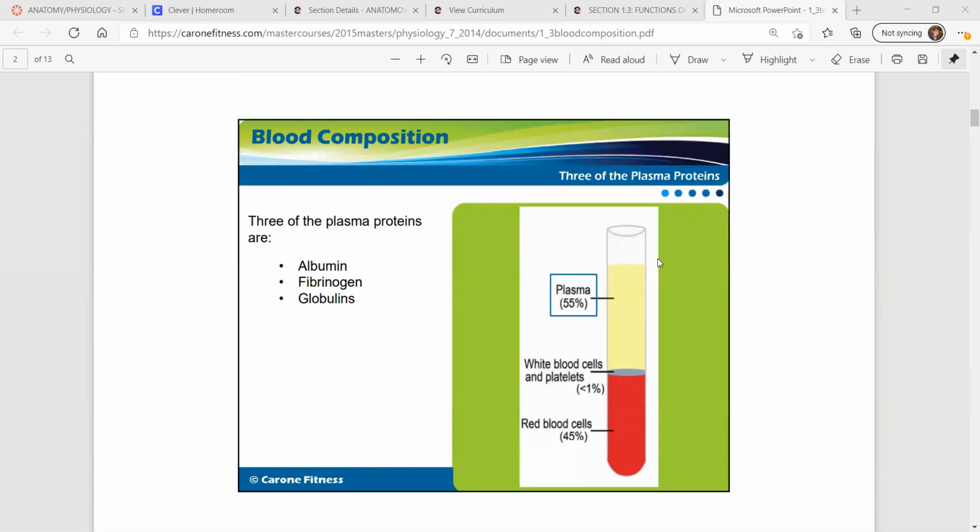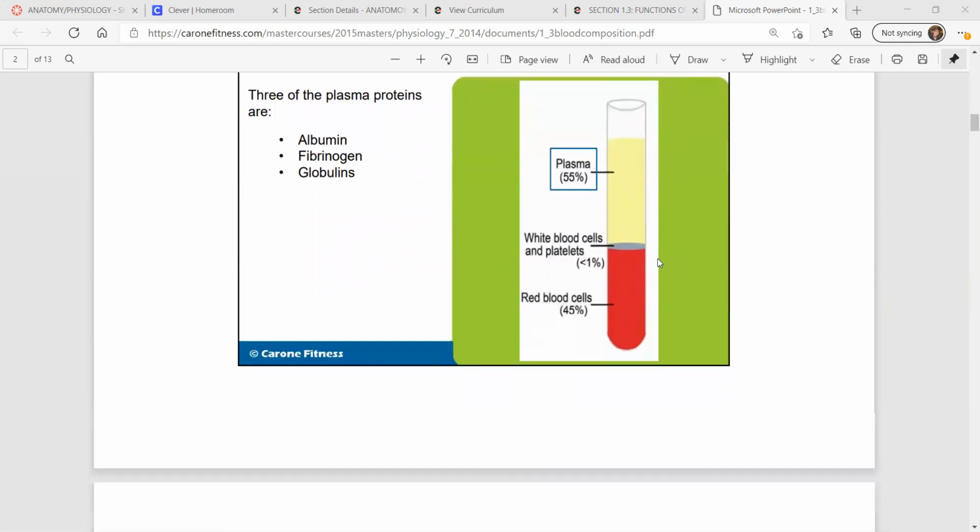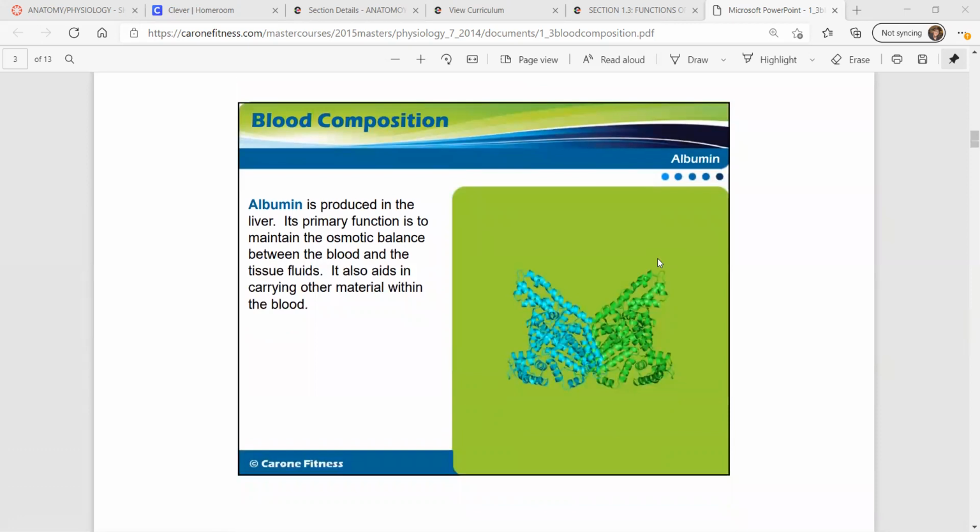Three of the plasma proteins are albumin, fibrinogen, and globulins. Albumin is produced in the liver, and its main function is to maintain the osmotic balance between the blood and the tissue fluids.